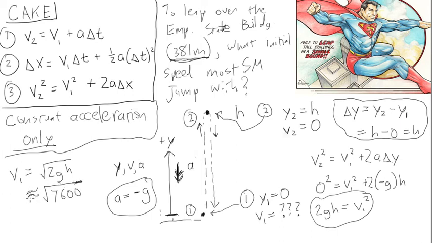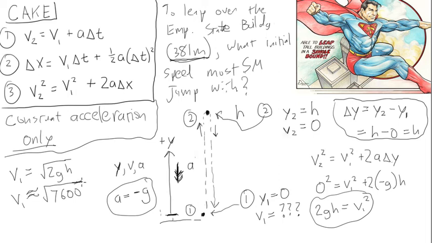So I'm using a little trick where, because I have to do this in my head, I didn't think to get a calculator ahead of time. So I'm using a little trick I like where you can plug in g equals 10 if you're trying to do things in your head. Because it's close enough, right? 10 is 2% off of 9.8. Don't do this on WebAssign because WebAssign will ding you for being more than 2% off sometimes.